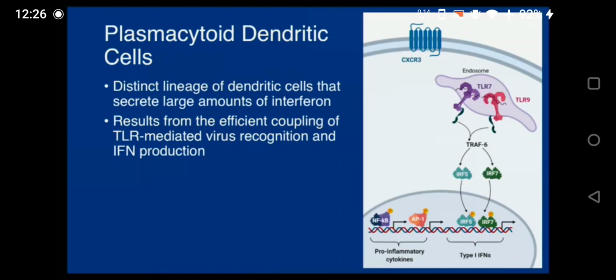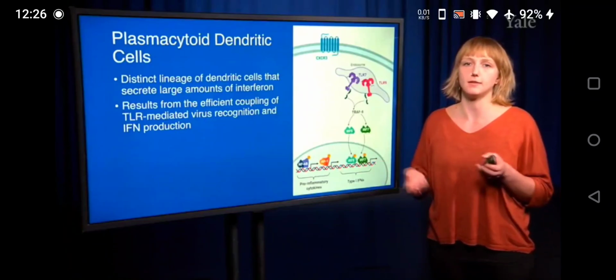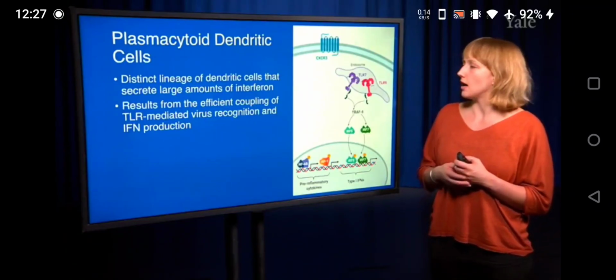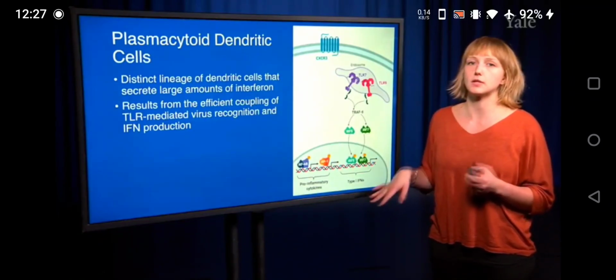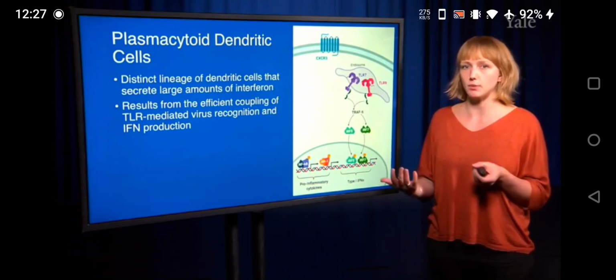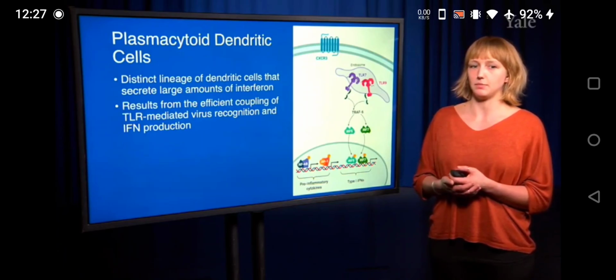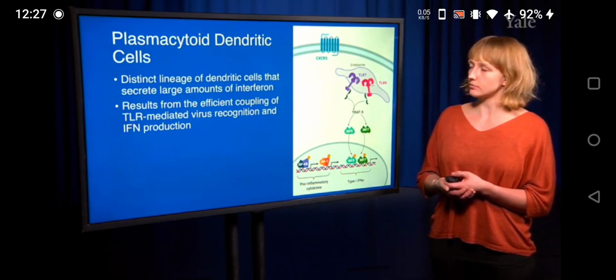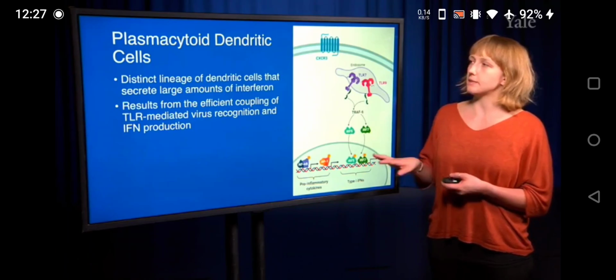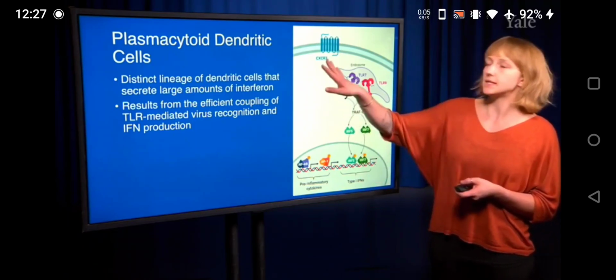The ability of PDCs, which express many different viral-sensing PRRs, to generate type 1 interferons is really critical, as the large amount of type 1 interferons allows the other cells of the body to be protected from infection. What's also important to note is that PDCs express CXCR3 on their cell surface.